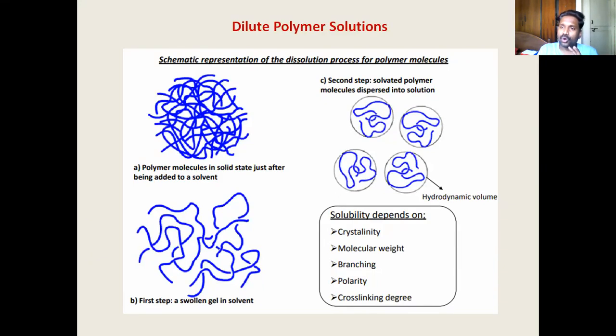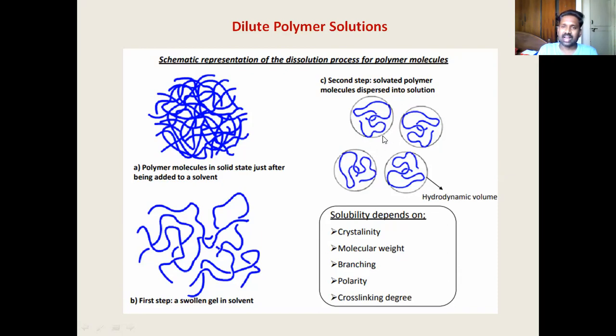Therefore, before diffusion takes place, swelling of the chains happens. And now the whole swollen sphere starts to diffuse, starts to move, because of translational energies. This sphere contains the solvated polymer molecules, and of course these spheres are found fully dispersed in the solution.